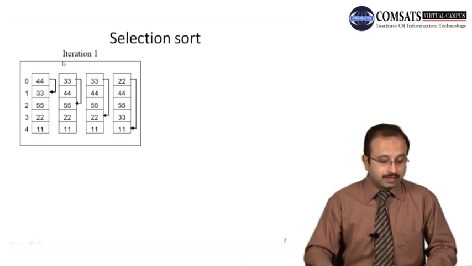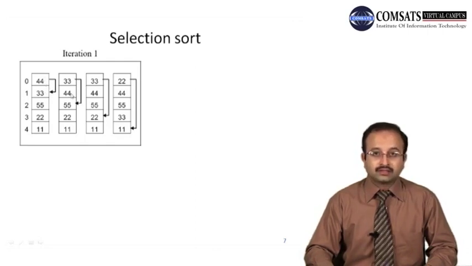For example, in iteration 1 of the outer loop, first you compare the element at the 0th index with the 1st index. The element at the 1st index is smaller, so you have to swap these values. That means you interchange them, so 33 comes up and 44 comes to the 1st index, right?